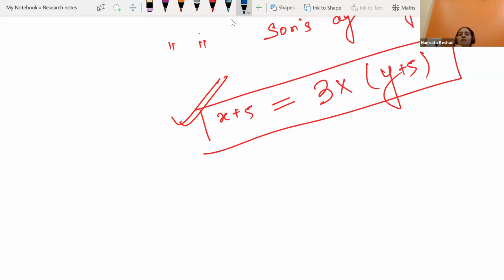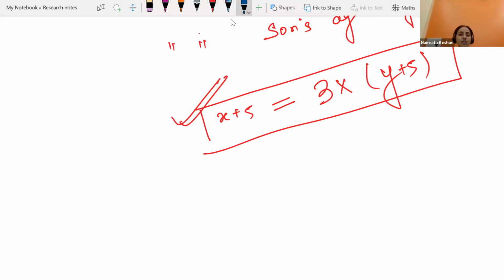No, we will always take the assumption in present, that let's say in present person's age is this, another person's is this. With present only we'll always take the assumption. Are you getting my point?